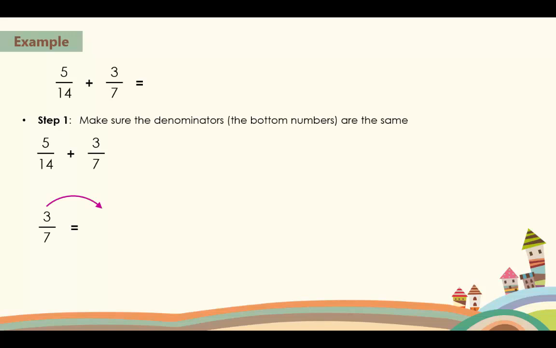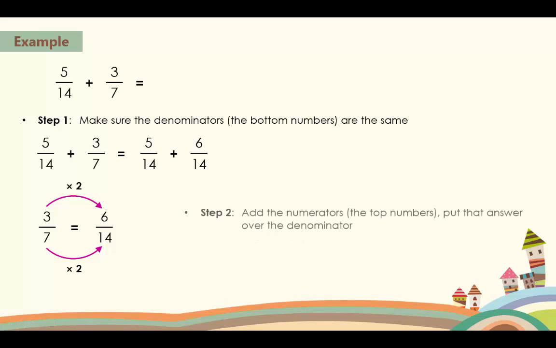So 14 is 2 times 7. So the equivalent fraction of 3 over 7 is 6 over 14. So we write the solution 5 over 14 plus 3 over 7 equals 5 over 14 plus 6 over 14. Now they have the same denominator.